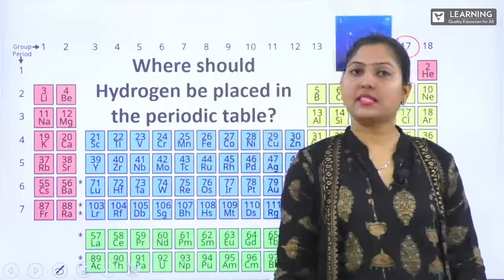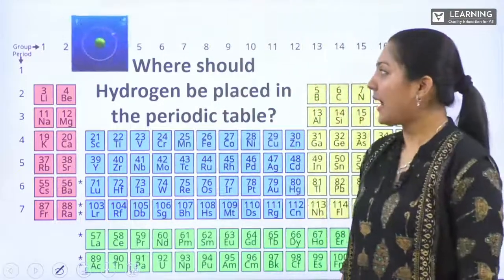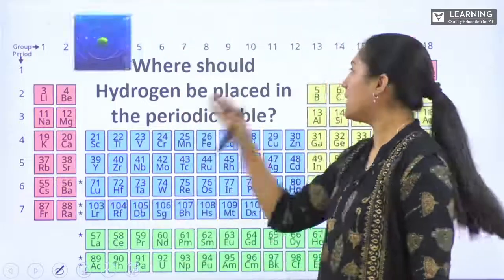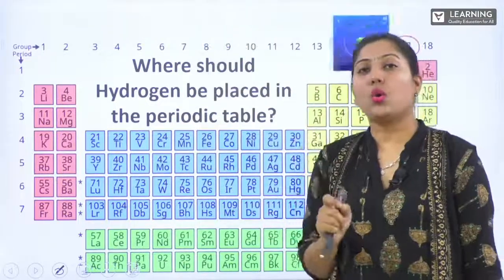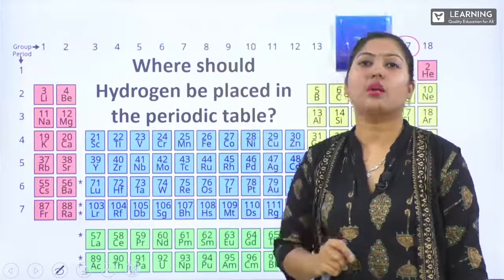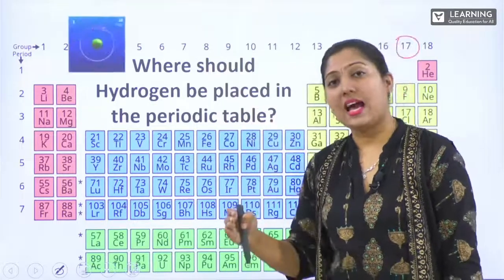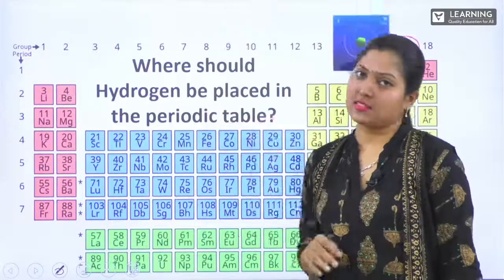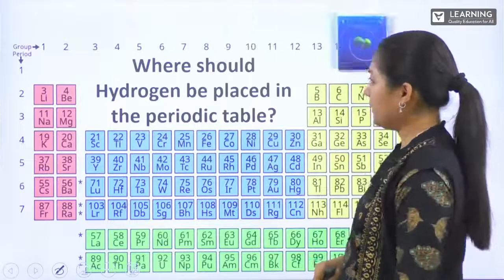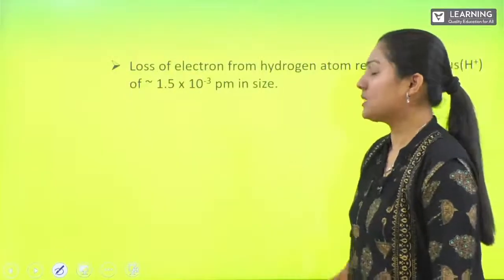Where to place this? We have a doubt whether to place it in the first group or the 17th group. So what we do is place it separately in the middle of the periodic table, as it has both the characteristics of alkali metals as well as halogens. Got it? Good.